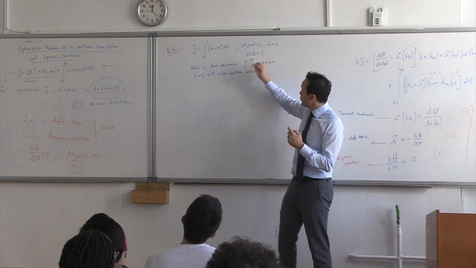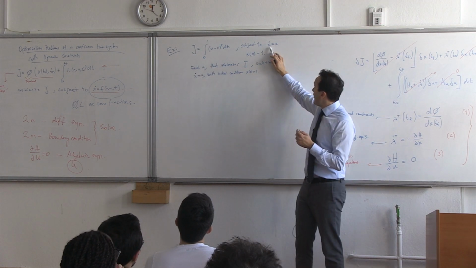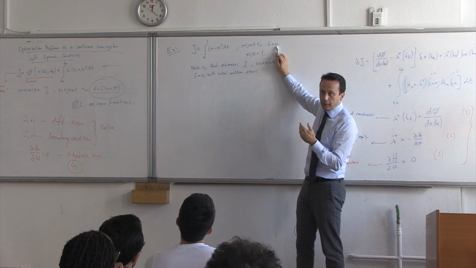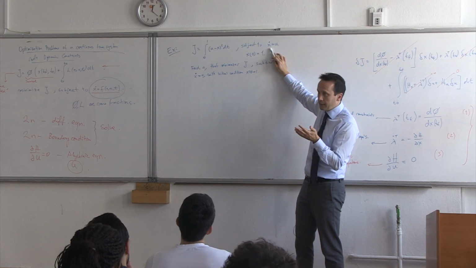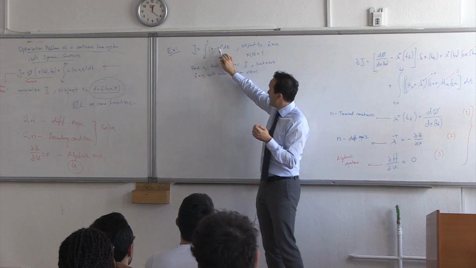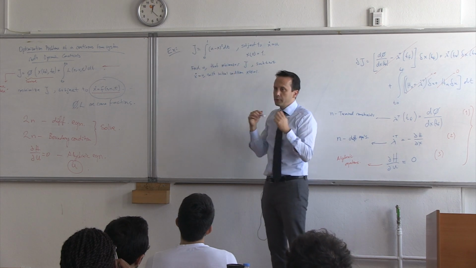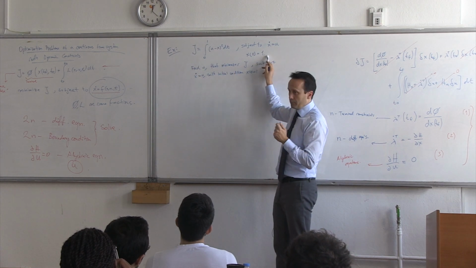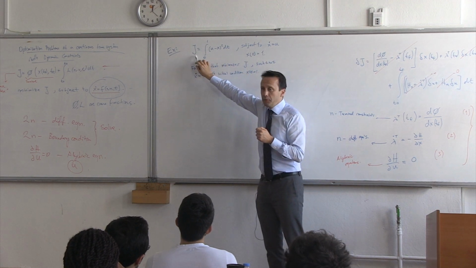So as time goes from 0 to 1, x moves in a certain way. How does it move? Well, if you move u, then x dot will move, and therefore x will move. And therefore u and x move together as time goes from 0 to 1. Now the question is, let's start x from 1, find the u that will minimize J.